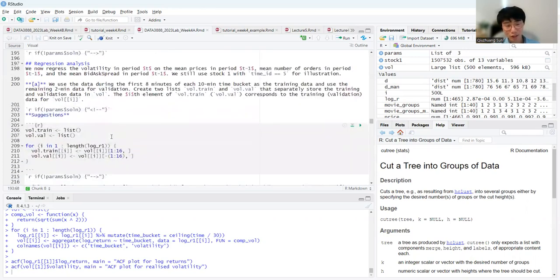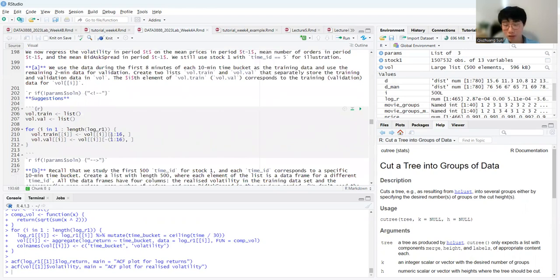Then I have 3 benchmarks to analyze these time series. The first benchmark is regression. Regression does not treat the original data as time series data. But it does some regression analysis, say that the realized volatility at time t is some function of the covariates at time t minus 1.